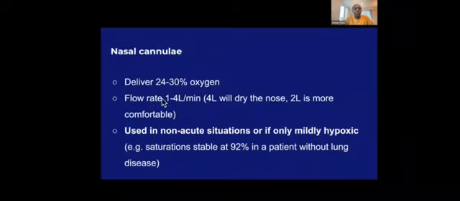The flow rate is 1 to 4 liters per minute. 4 liters will dry the nose, so 2 liters is more comfortable. So when you're using a nasal cannula, you use 2 liters, and it will deliver 24 to 30%.